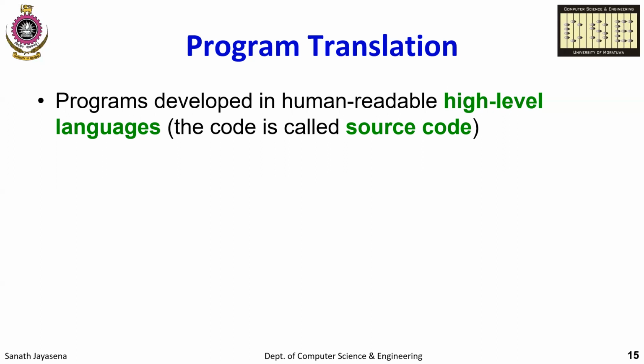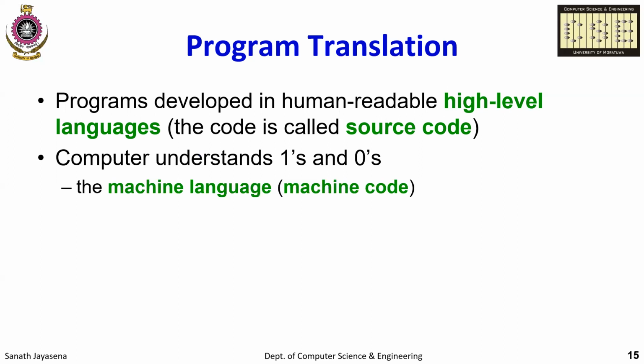That is because it's for humans, it's easy to understand and code. So that's a more efficient way of doing programming. The code that we get when we produce a program in high-level languages is called source code, right? That's another term that we learn here.